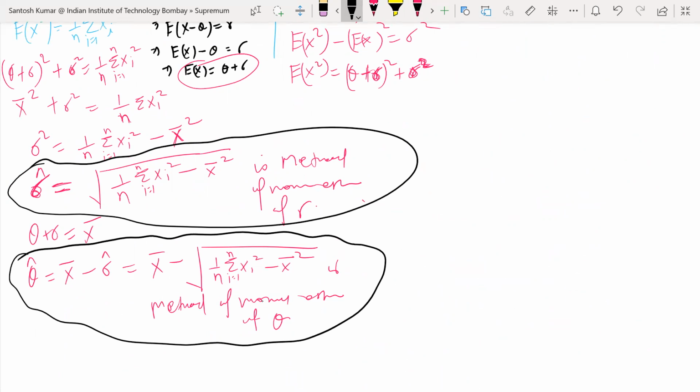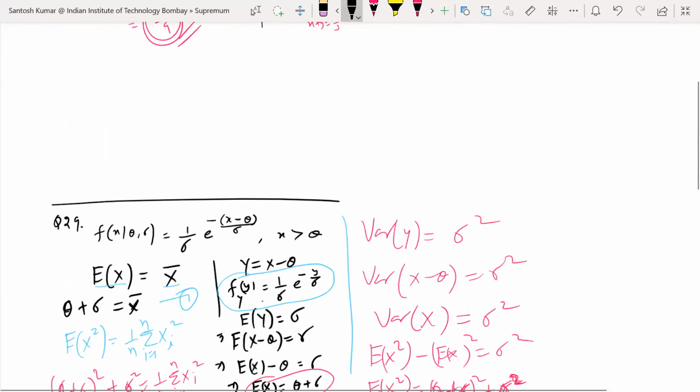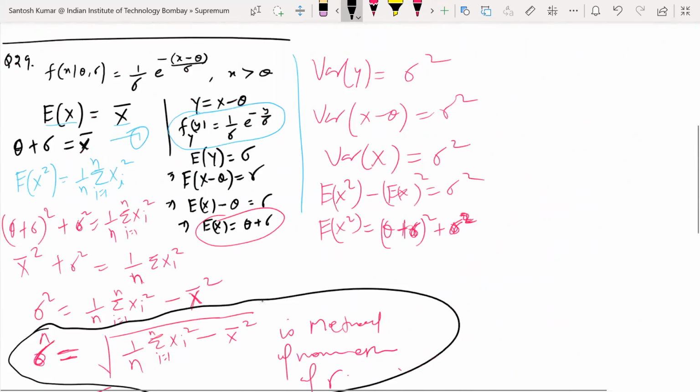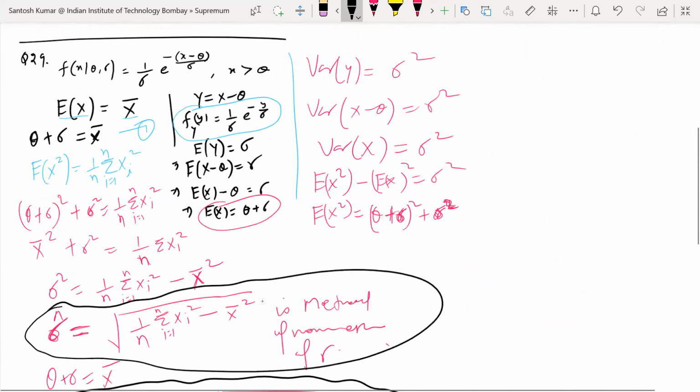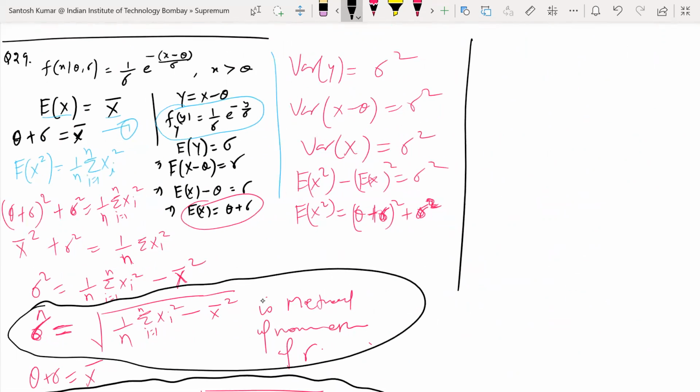Now we come to the maximum likelihood estimator. Here f(x), involving parameters theta and sigma, is 1 by sigma e raised to the power minus (x minus theta) upon sigma, when x is more than theta.